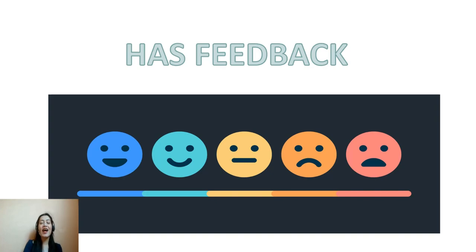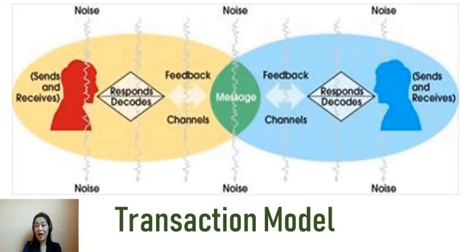Okay? Now, let's look at the flow of this model. As you can see, it almost has the same elements as the Shannon and Weaver's model. It has the element of sender, which encodes the message. It also has the element of receiver, which decodes the message. It has channel and noise.